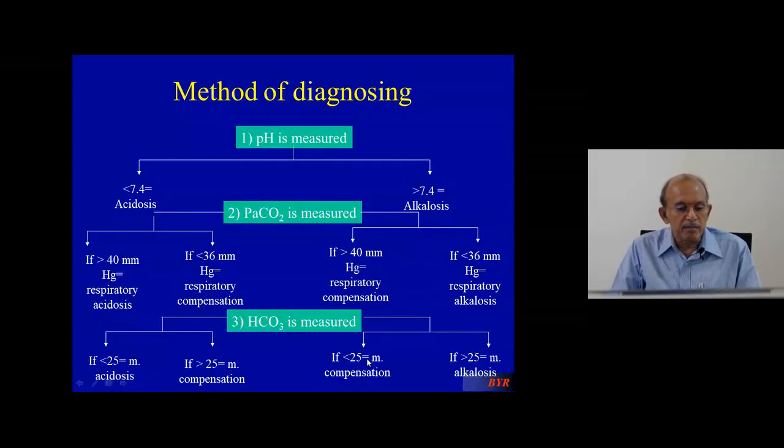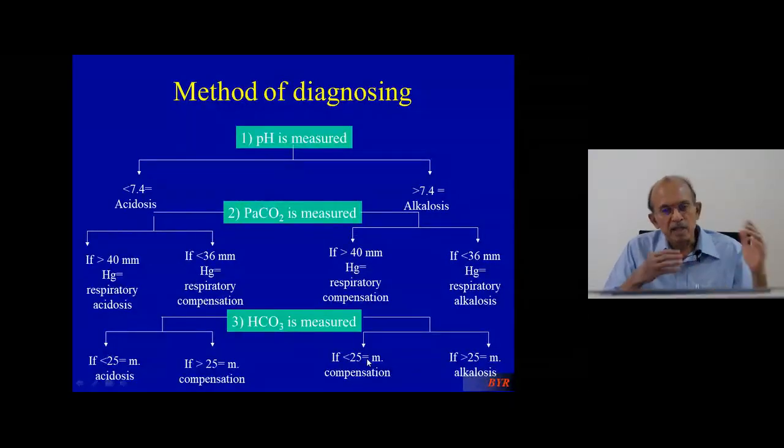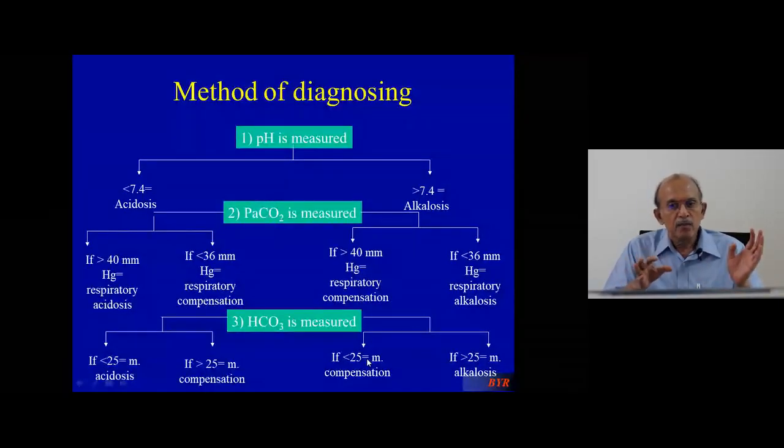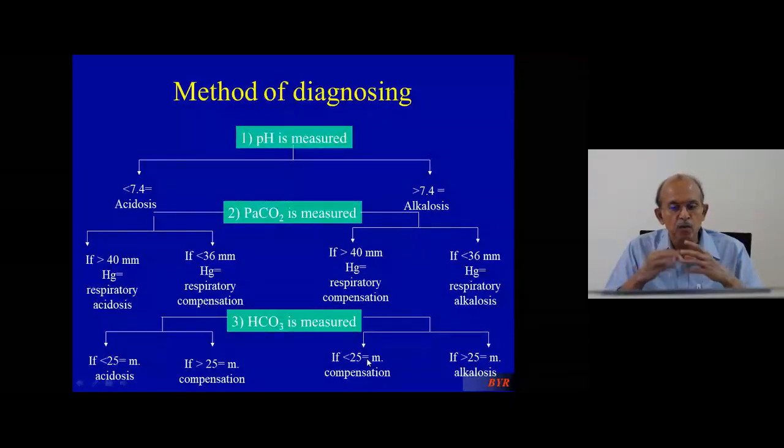Every day, every minute, we are getting disturbance in our body acid-base balance. But the pH is being maintained. Why? Because of the compensations taking place in the buffer systems, in the respiratory tract, and in the kidneys. They are doing the function 24 hours. That is why our pH is maintained. If by any chance we lose more bicarbonate or gain more bicarbonate, or we inhale or exhale more rapidly or more slowly, that can cause the disturbance.